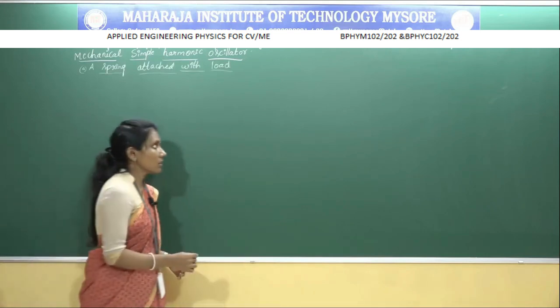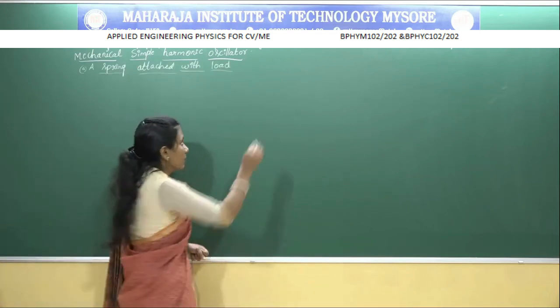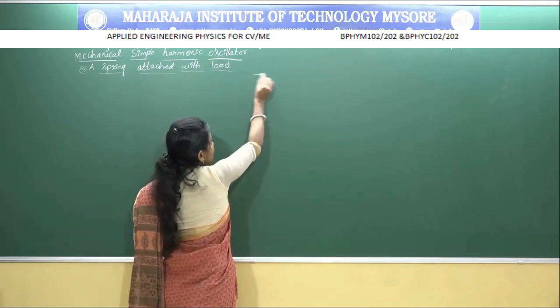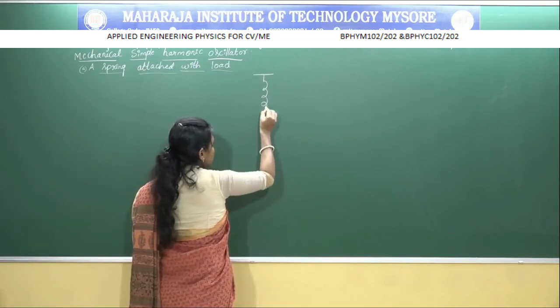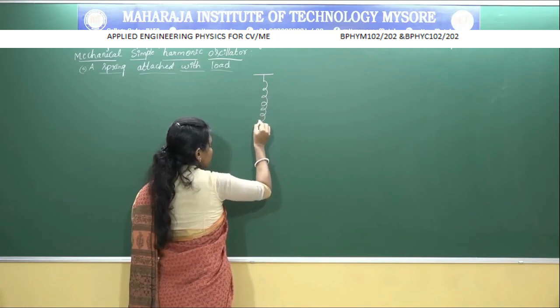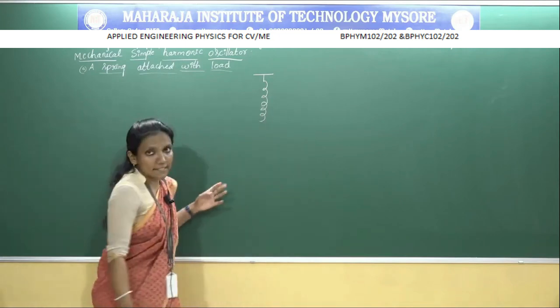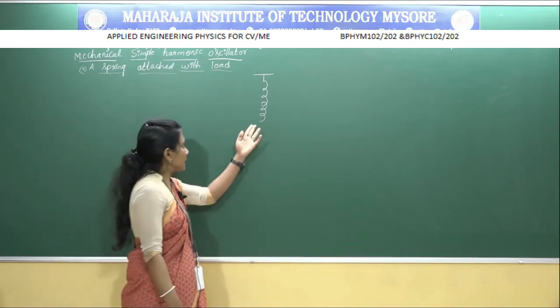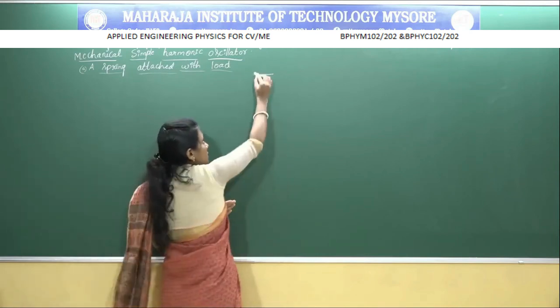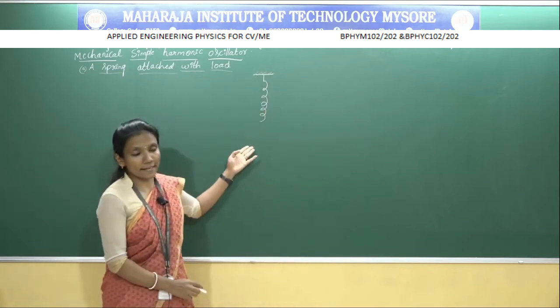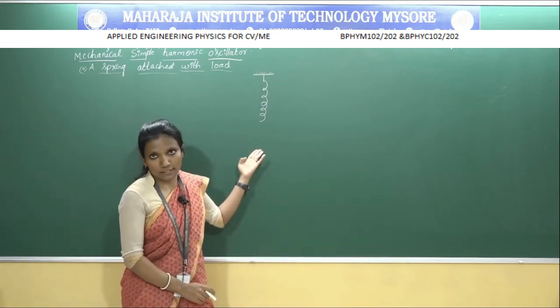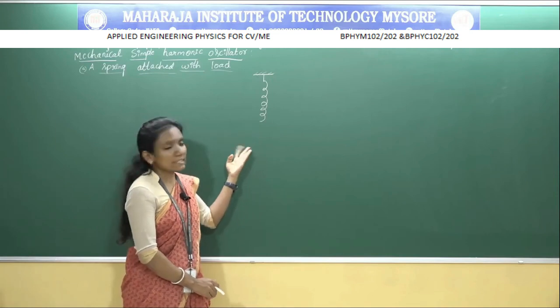Now consider a spring. One end is attached to a rigid support, and the other end is hanging freely.